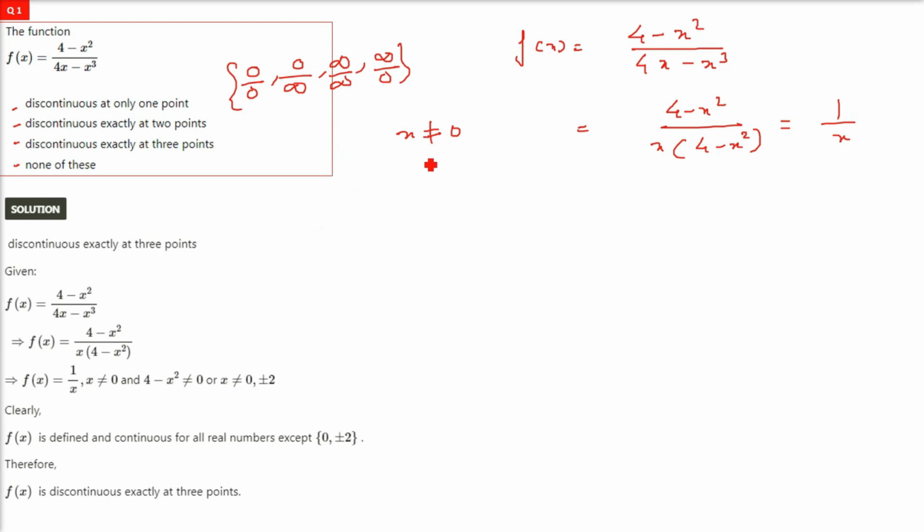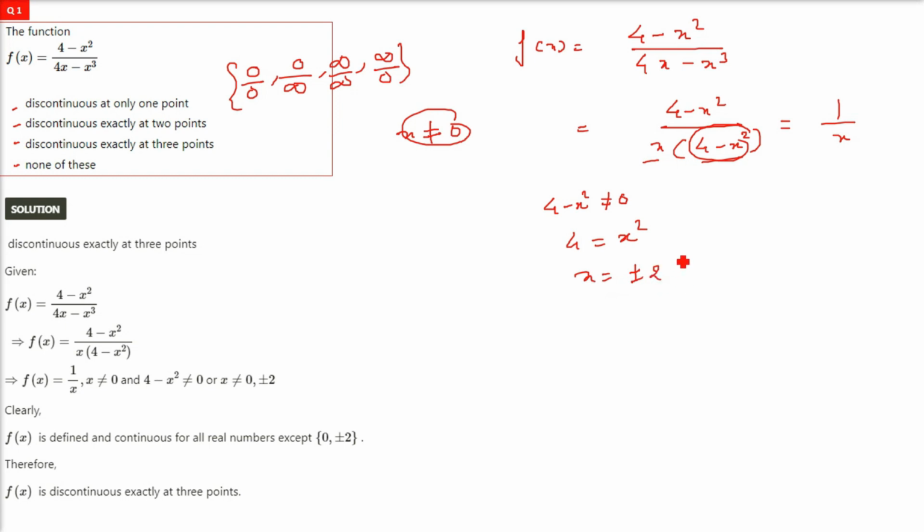What we have to do is, x not equal to 0 is one case, but 4 minus x square can also be 0. 4 minus x square cannot be 0, otherwise 0 will be there in the denominator. So 4 minus x square equals 0 has to be taken care of. When is 4 minus x square equals 0?